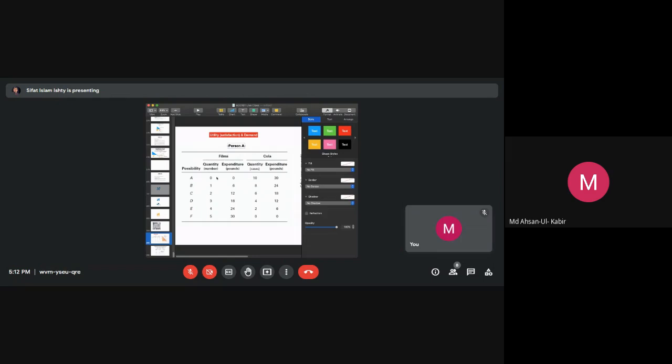As you can see, the expenditure, that is the price of film, is given. One film ticket costs $6 or pounds, taka, whatever you want to say. Two films, 12, 3, 18, 5, 30. Similarly, cola is also given. One cola, two cola costs $6, four cola costs $12, 10 cola costs $30. So all the prices are given to you.